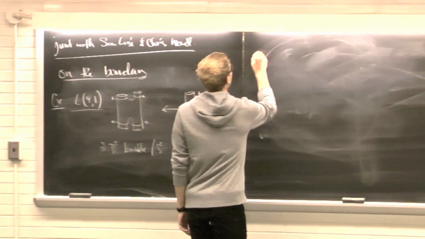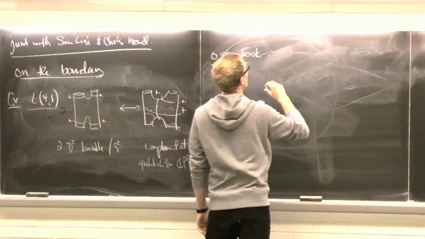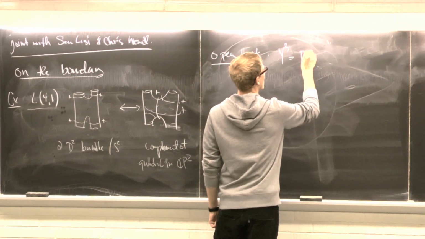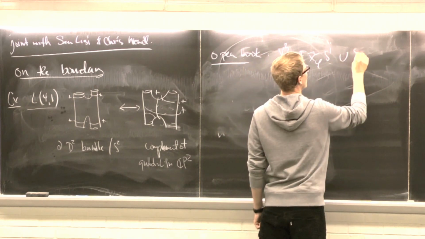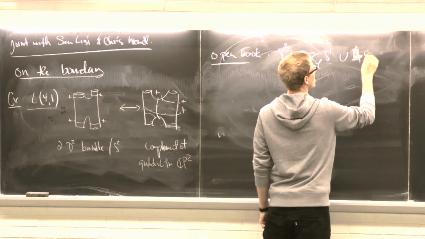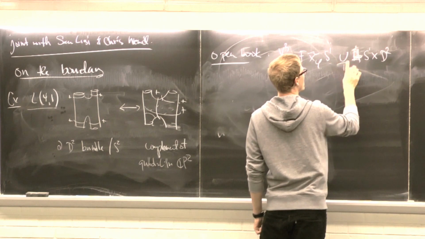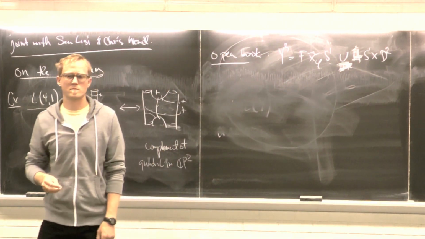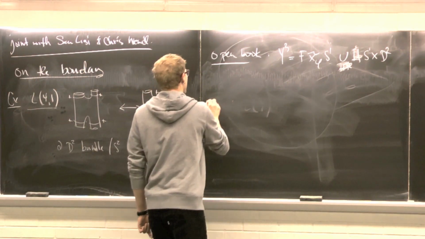So before, an open book we can think about as a decomposition of Y into a fiber bundle and some number of product manifolds glued along the boundary tori in this perpendicular way. So let's generalize this to what we're calling a spinal open book.